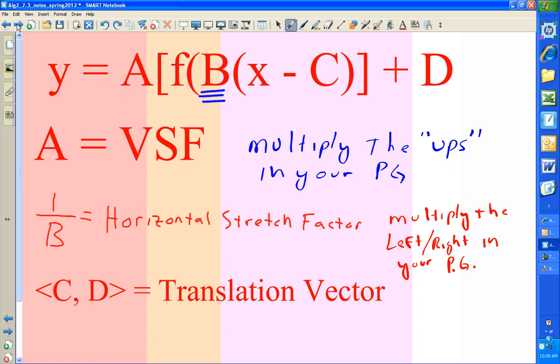So when you multiply the ups of your parent graph by the VSF, we do the same thing. We take 1 over b and we multiply the lefts and the rights in your parent graph. So no difference except that you're dealing with the horizontal component. And you're either going to make it bigger or smaller depending upon what the reciprocal of b is.